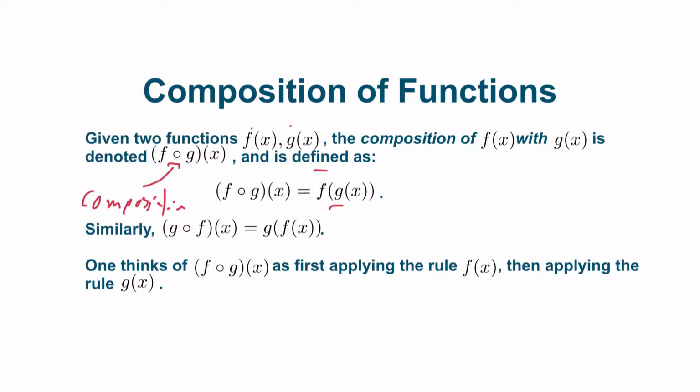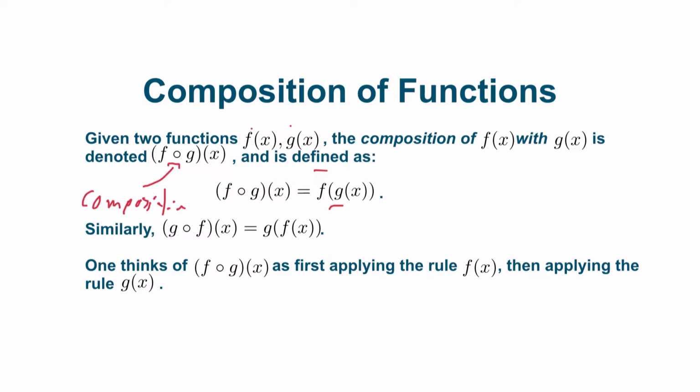Similarly, I can define g composed with f as apply f first, then g. I want to make one remark right off the bat, which is that f composed with g is not the same as g composed with f. I'll make that example clear on the next slide, but it's very important to keep in mind.